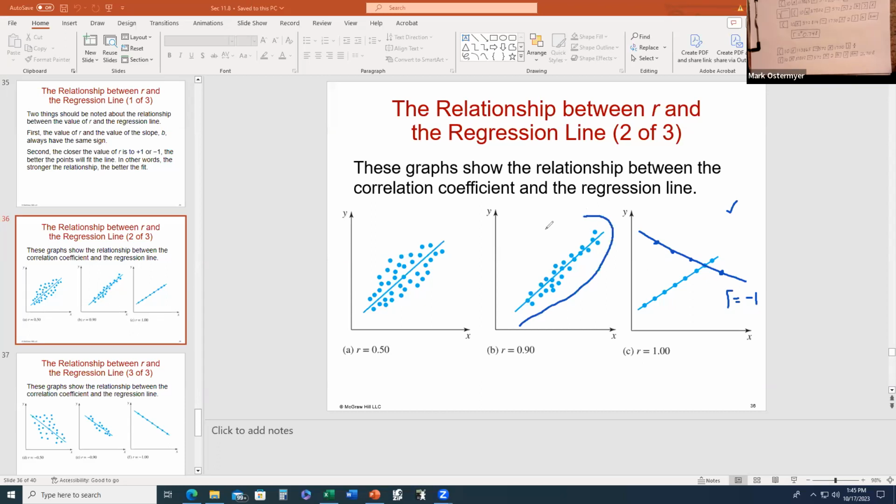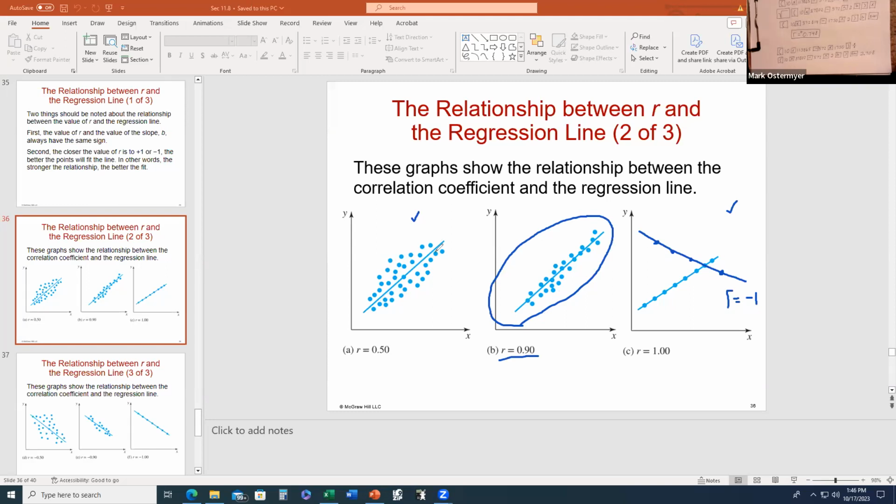Here's a fairly strong direct or positive correlation between X and Y. We would suspect R to be very close to positive 1. And notice it's pretty darn close, 0.90. Notice these points are a little bit scattered further away from the line of best fit.